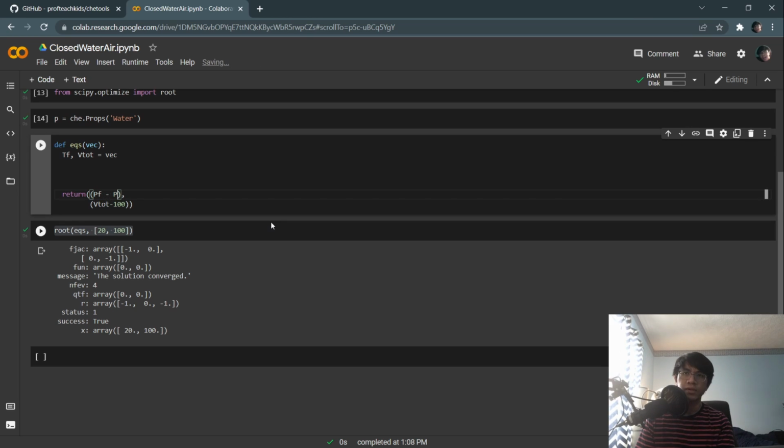Well, I guess it makes sense if I write this like this. Pressure final equals the pressure final that we want, right? That's how it's going to be equal to 0, because we want the final pressure to be what we say it is. And it's going to solve for that final pressure, so that it satisfies that equation. So we're just going to subtract, so that is equal to 0 now.